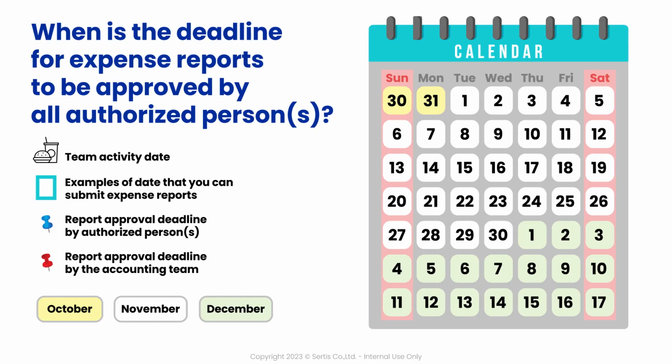When is the deadline for the expense report to be approved by all authorized persons? The expense report of the month must be approved by the authorized person within 3 working days of the following month and must be approved by the accounting team within 5 working days of the following month.